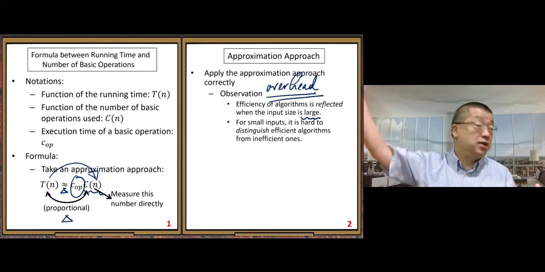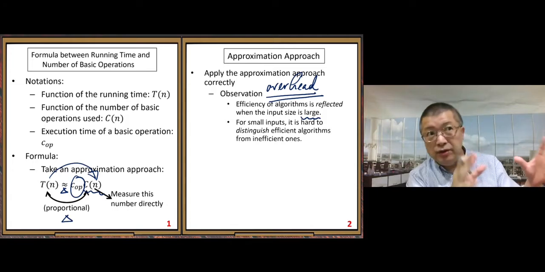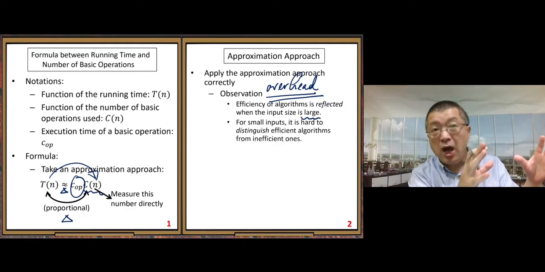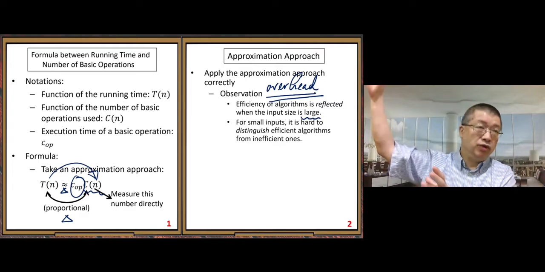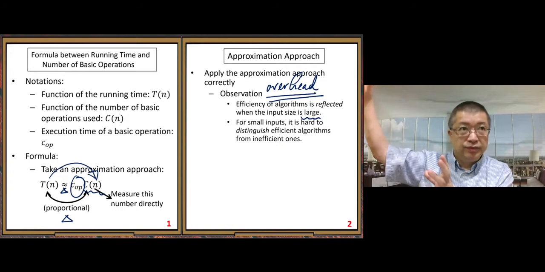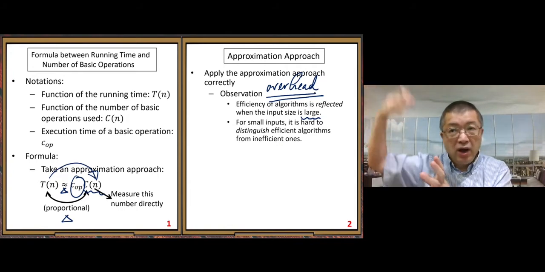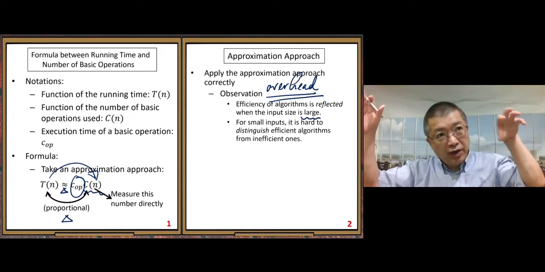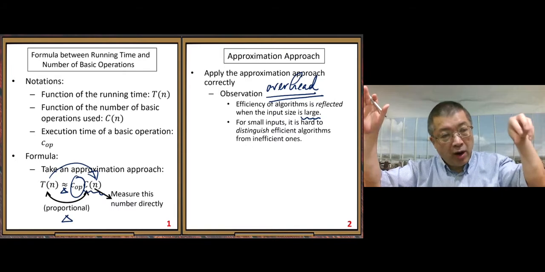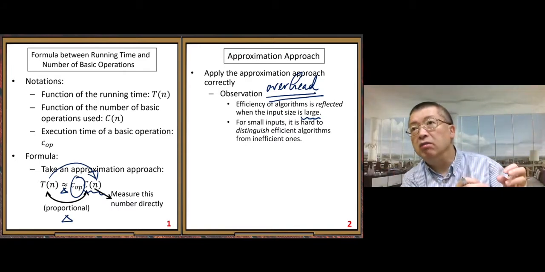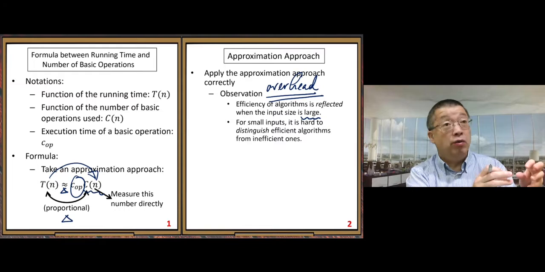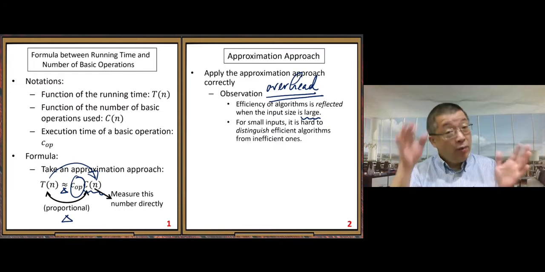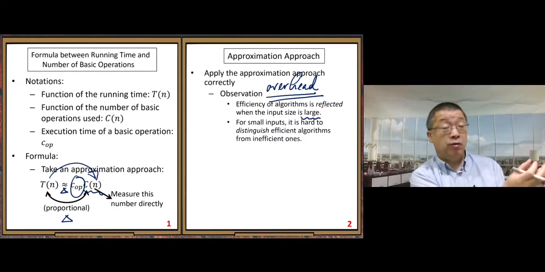But when your problem size becomes larger and larger, you pretty much use the same overhead time, but you need more and more time to work on the basic operations. So the proportion of that overhead part will be smaller and smaller. Finally, too small, we can ignore it. But when the problem size is relatively small, you cannot ignore it.